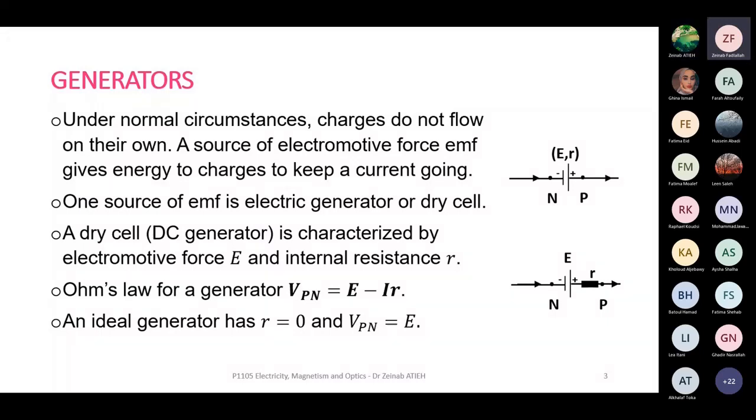I'm saying that in general, when they want to give the characteristics of this generator, it has an internal resistance, unless it is very close to zero, and then this generator is ideal. Right, it is not given in this case, only E is given. So if we do a calculation, you already put the small r in the equation, it exists. Yes, if it's written it exists. If it's not written it does not exist. It means this is an ideal generator. So instead of writing VPN equals E minus Ir, I would just write VPN equals E. Simply.